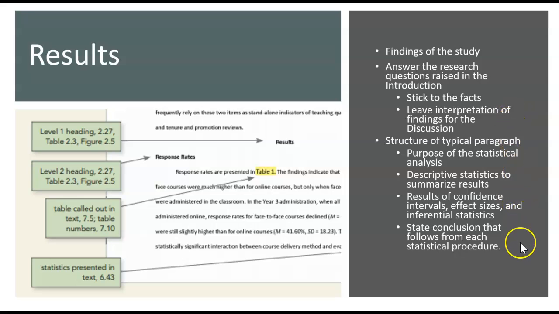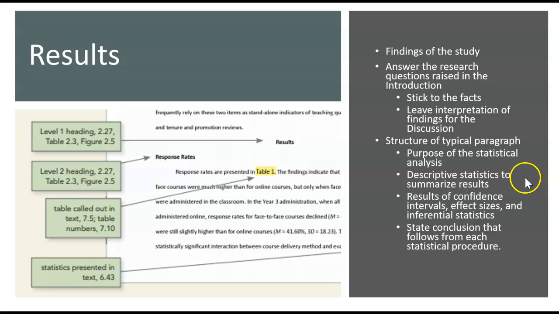Typically, and you can add subheadings to improve clarity if you want to, what you do is state the purpose of the analysis. Sometimes that can be saying, in order to test the hypothesis, a Pearson product moment correlation was conducted, and then you go on and describe the results.